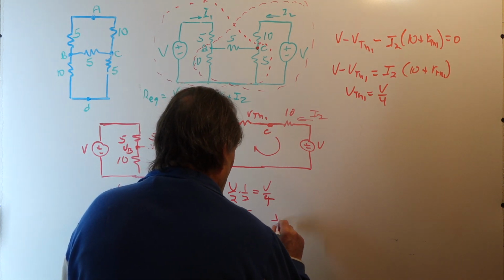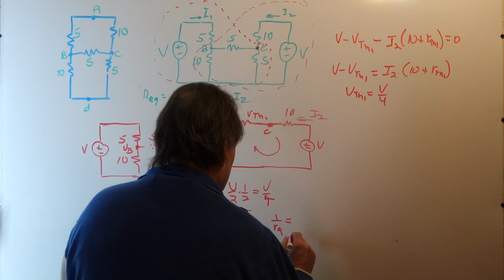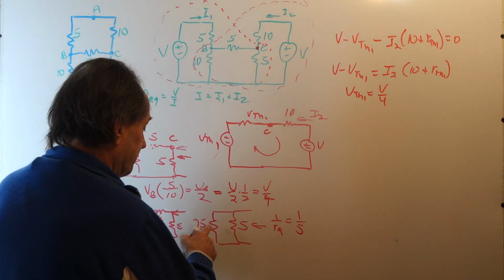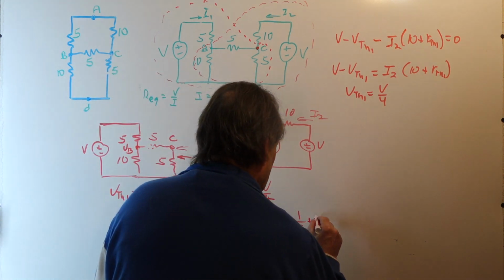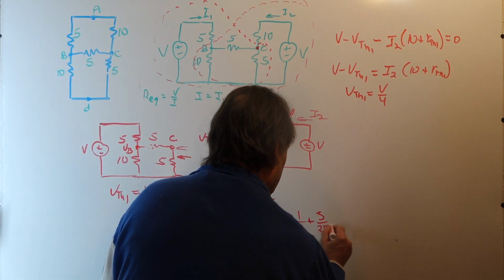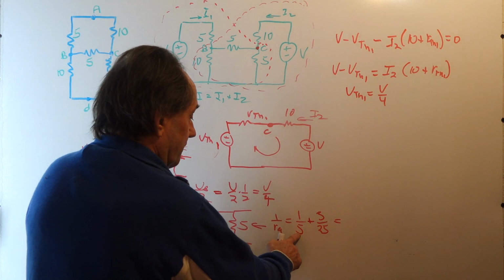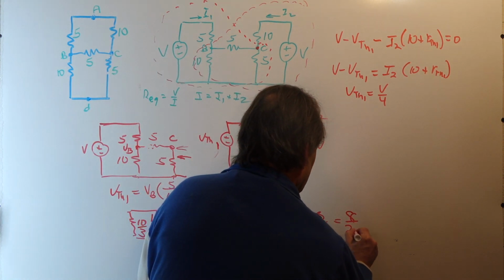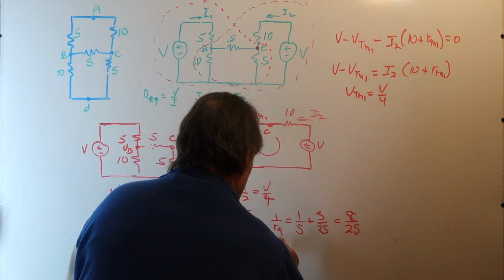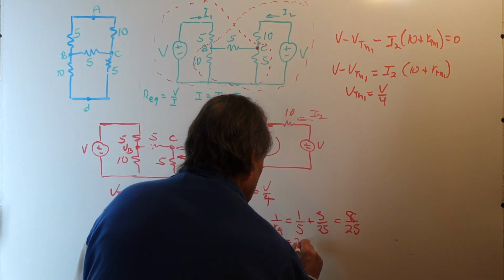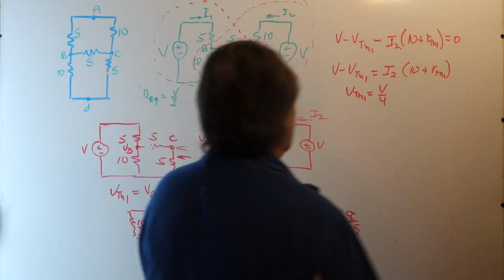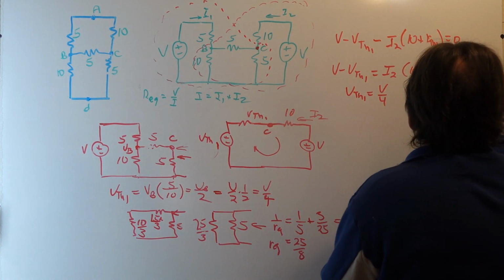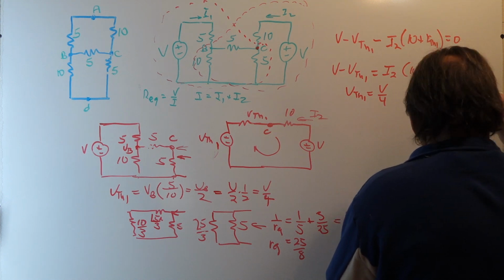So 1 over R equivalent then is the sum of the conductance of this resistor, which is 1/5, plus the conductance of this, which is 3 over 25. 1/5 is 5 over 25, so this is 8 over 25. So R equivalent then is the reciprocal, or 25/8 of an ohm. So RTH1 is 25/8.